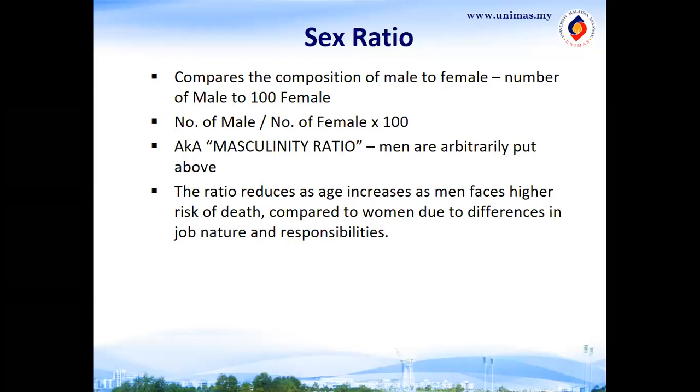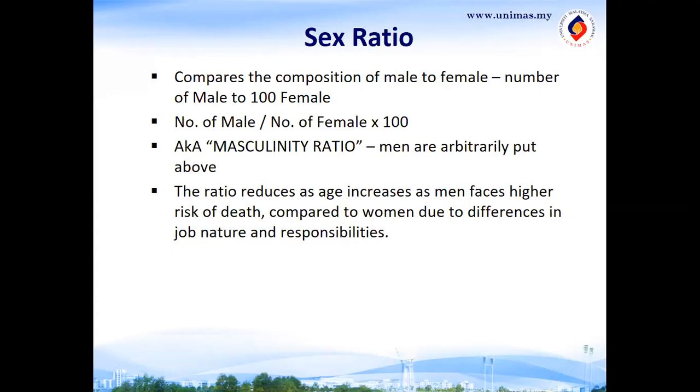Itu sebab mengapa the lifespan of men compared to women is less. Sebab mereka face higher risk of death compared to women due to differences in job nature and also responsibilities. Again we're talking about average.